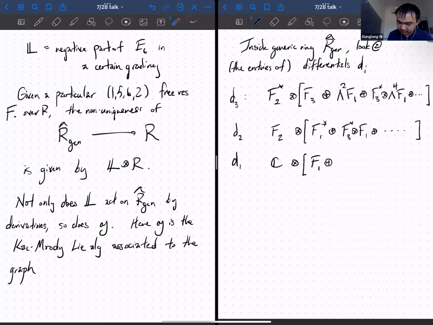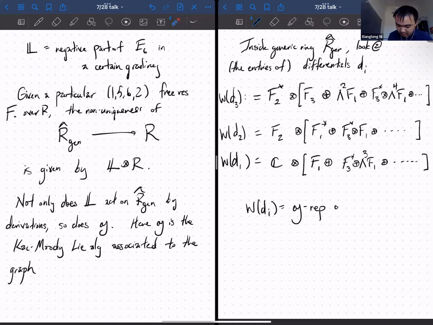And here you have this. And I'm going to call these WDi. So WD3 is this, WD2 is this, WD1 is this. So WDi is the G representation generated by entries of di in our generic ring.